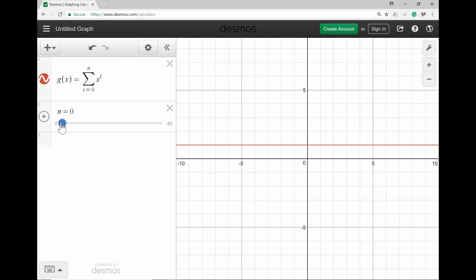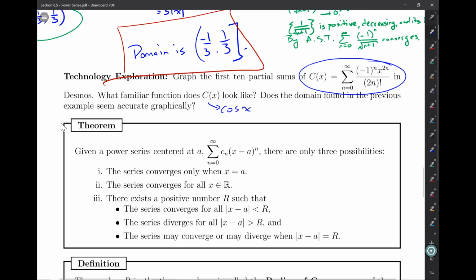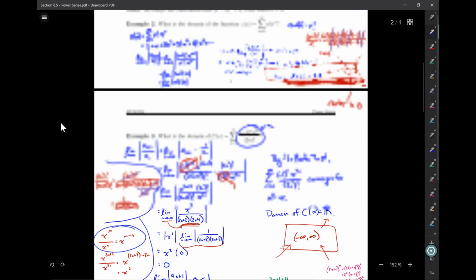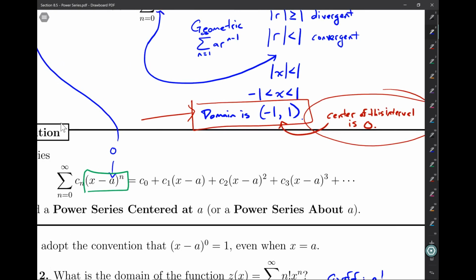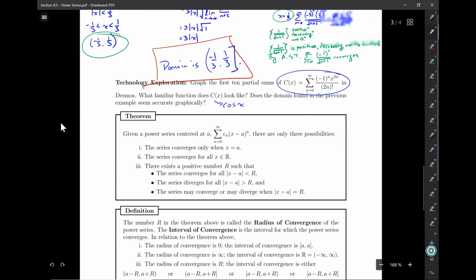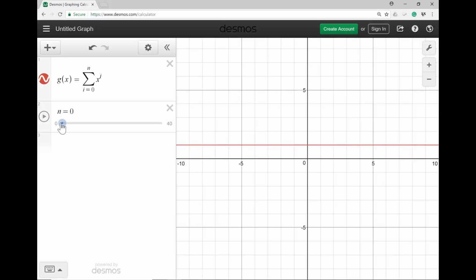Now in this case, we found a domain of, well, let's go back and check. For g of x, our domain, way up here, it said -1 to 1. So if we come over to here, it looks like this function exists outside of -1 to 1. There's values over here in -5 and +5, but this is just the first term of our series. So let's increase this. The more terms we get, it looks like our series is actually shrinking.